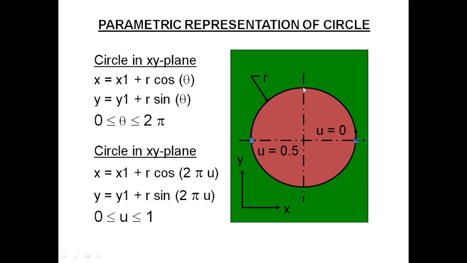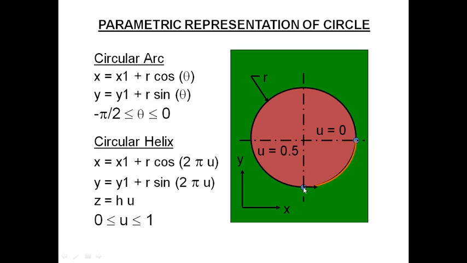This is u equal to 0.25, this is u equal to 0.75. And this makes it very easy to represent a circular arc. In this case, for example, you want to represent this point to this point, so you can say u is equal to 0 to u is equal to 0.25, and here you can say u is equal to 0.75 to u is equal to 1.